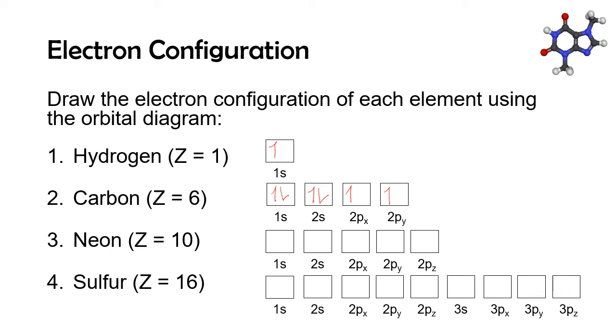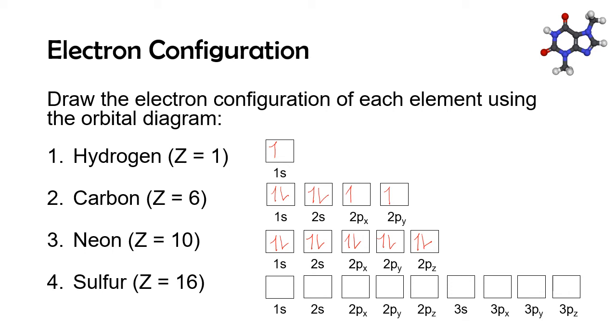Let's go to neon. Neon has 10 electrons, so we fill in the lower energy orbitals first and then fill in the higher energy orbitals. So, neon being a noble gas has completely filled orbitals. Now let's go to sulfur. Sulfur has 16 electrons.